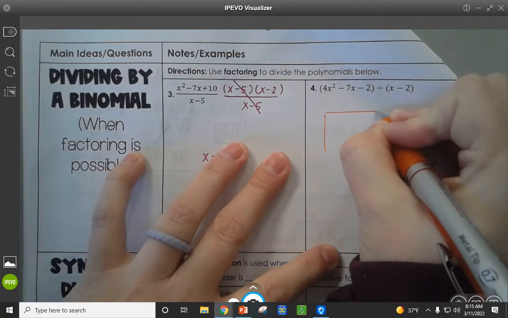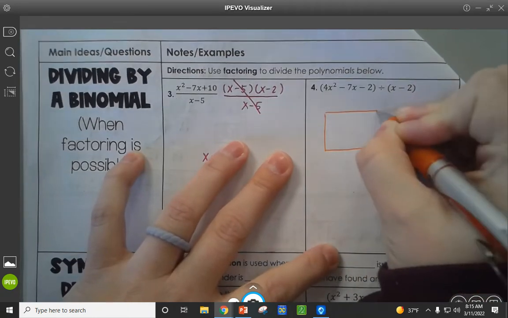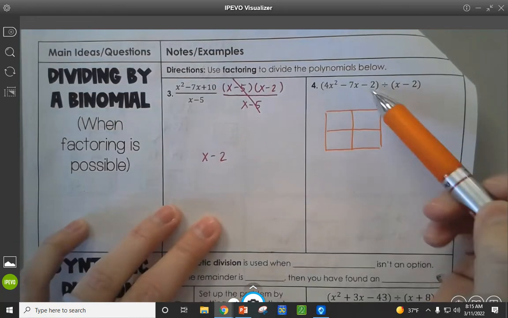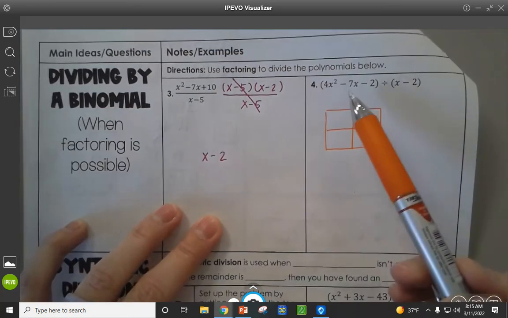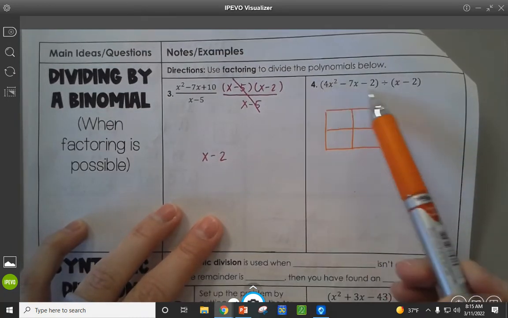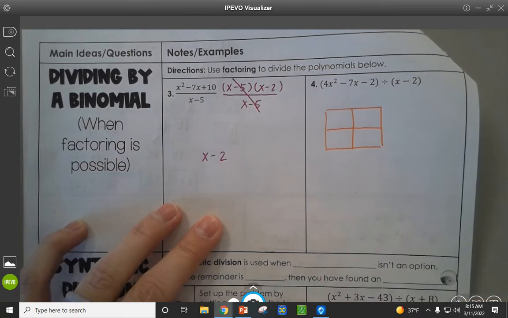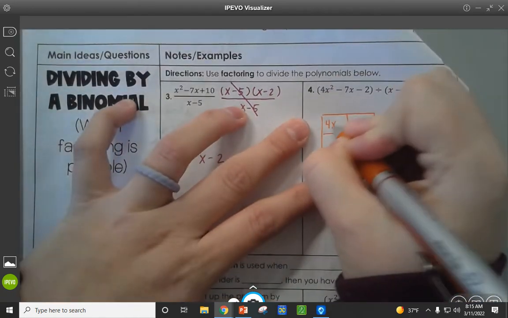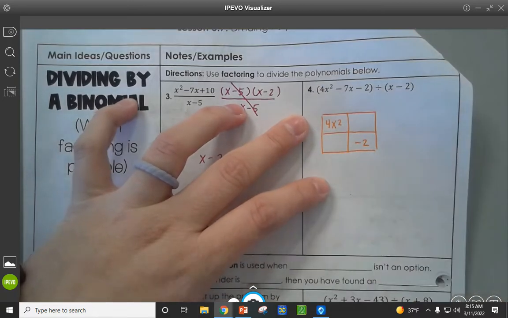So if we factor, now this is not written as a fraction, but the first one would be our numerator. The second one would be the denominator. 4x squared and negative 2.